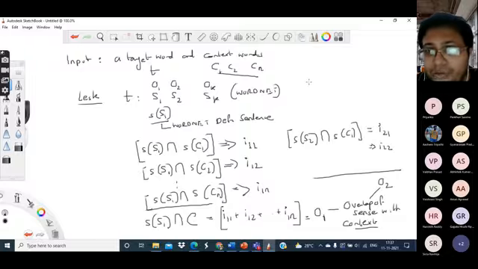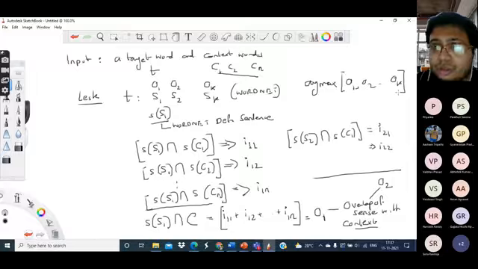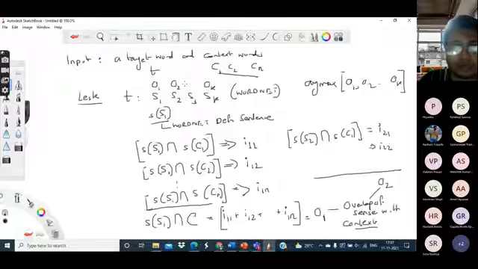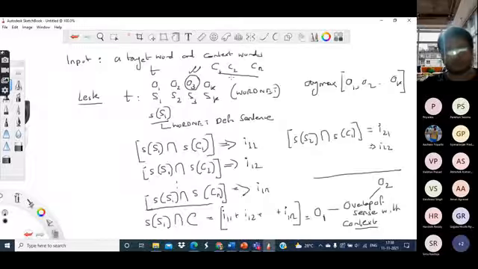That is to say, arg max of O1, O2 up to Ok. So if for S3 the overlap O3 is the largest, then I will be choosing the sense S3 for the target word. Okay, so this is what the LESC algorithm is all about.